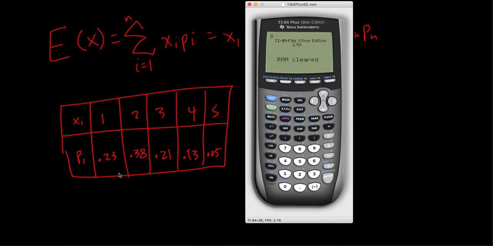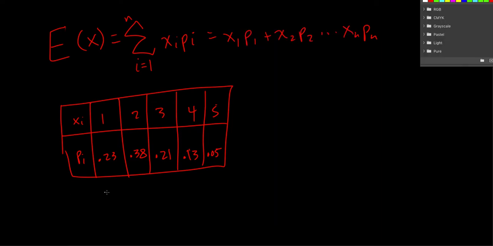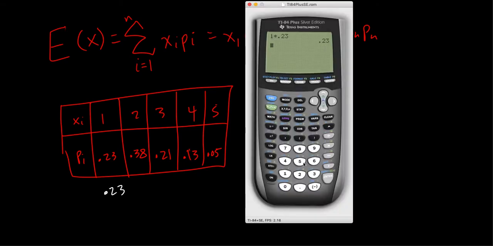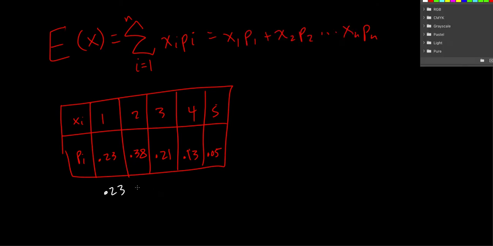Okay, so we just do 1 times 0.23, which is 0.23. And then we get 0.38 times 2, 0.21 times 3, so 0.76 and 0.63.